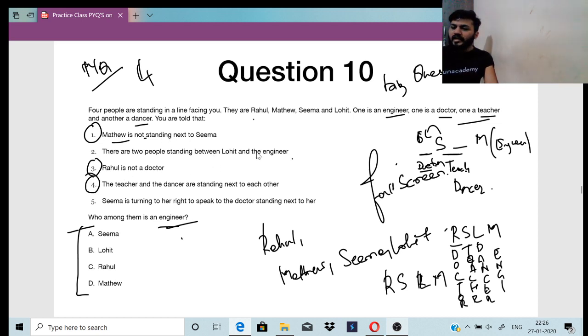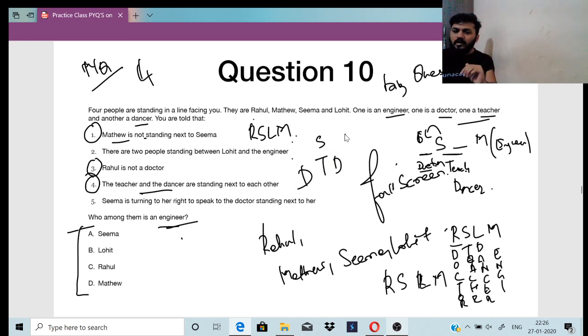Matthew is standing not next to Seema. There are only 4 people, RSLM. So if Matthew is not standing next to Seema, then 2 people will be next to Seema, right? And teacher and dancer are standing next to each other. If Seema is here, to her right is Rahul, to her right is Lohit, and Lohit is a doctor.